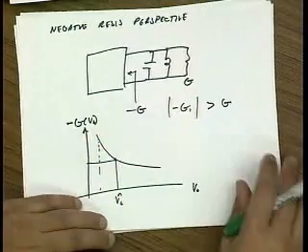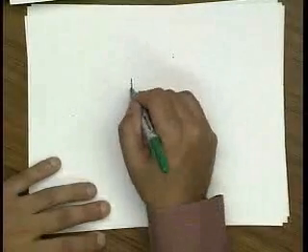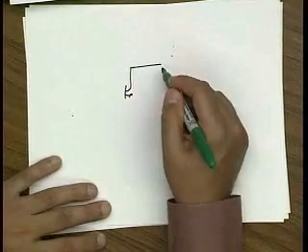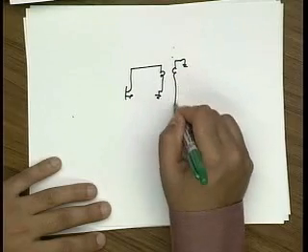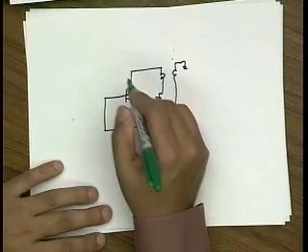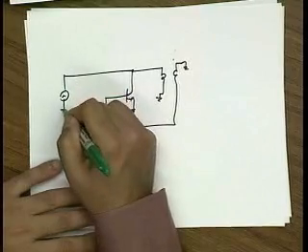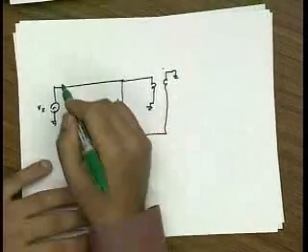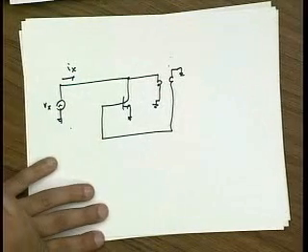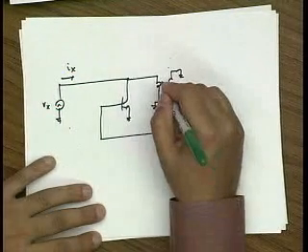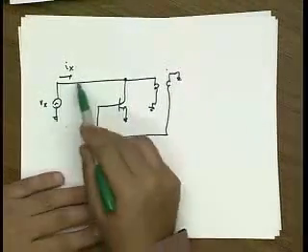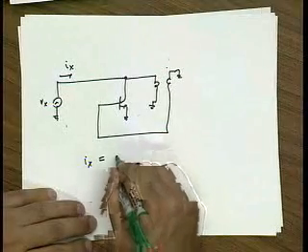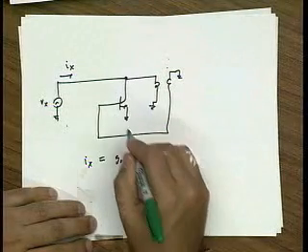Okay? So let me just show you guys how this works. Let's go back to the very first study. So I'm going to hook up a voltage source here, let's say Vx, and then I'm going to measure the current Ix flowing into this circuit. And to first order, the current Ix is equal to Gm times the input, right?